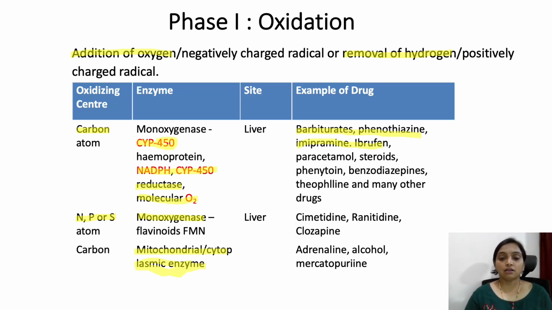And the condition where there will be oxygenation at the nitrogen, phosphorus or sulfur containing group atom, it is in case of ranitidine, cimetidine, clonazepam, adrenaline, alcohol. All these also get oxidized through oxidation process.